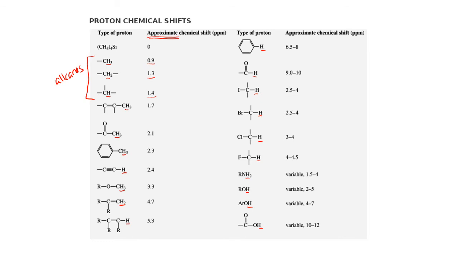Now, as we saw previously, if we put these H's next to an electron withdrawing group, for instance here, we have a CH3, similar to the CH3 there, but connected to a carbonyl, which is electron withdrawing. So we see a big difference from 0.9 to 2.1.